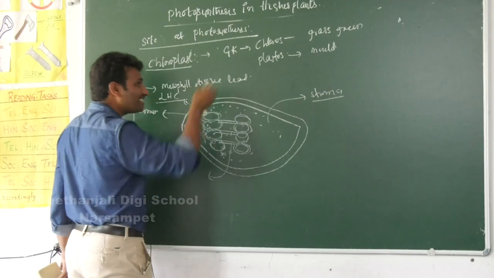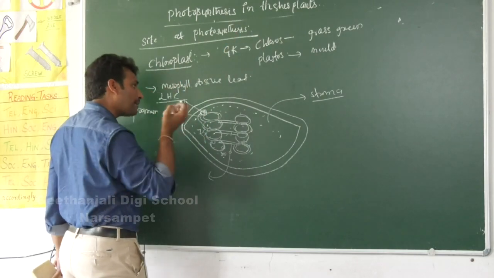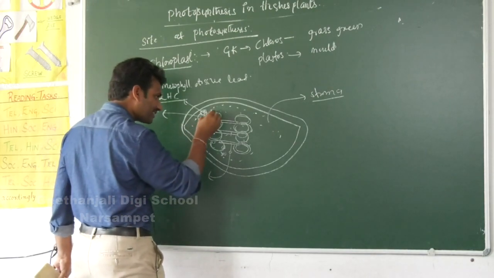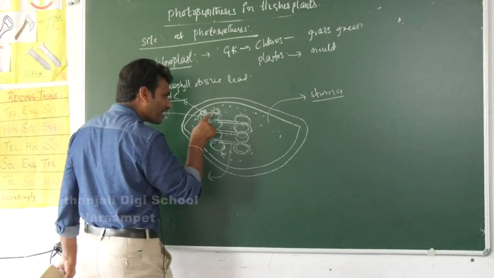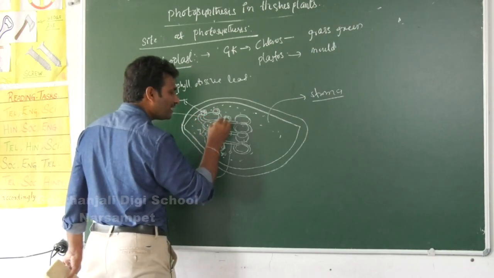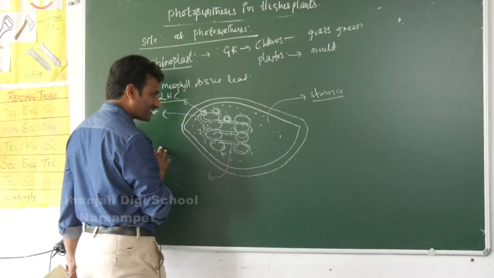These parts are responsible for absorption of light and initiate the photosynthesis process. On the grana thylakoid there are two pigment systems; on the stroma thylakoid only one pigment system is present.